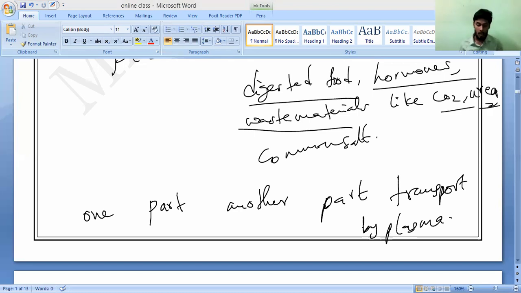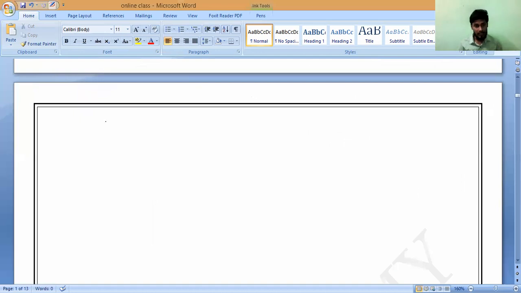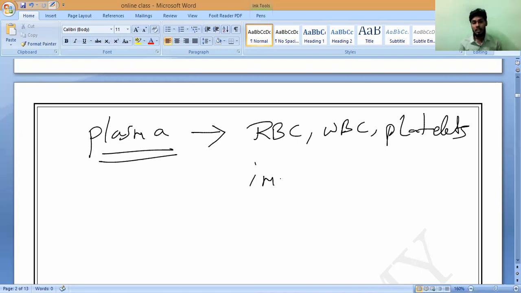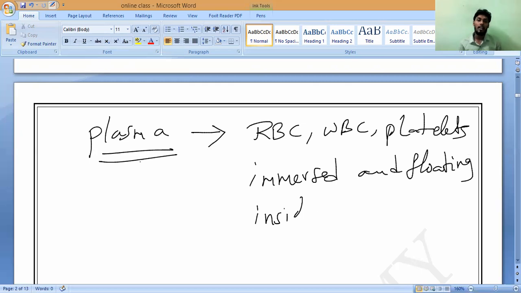So you can say blood means plasma, plasma means blood, because if you remove the WBC, RBC and platelets, what remains is plasma. Plasma is a substance where RBC, WBC and platelets are immersed and floating inside.